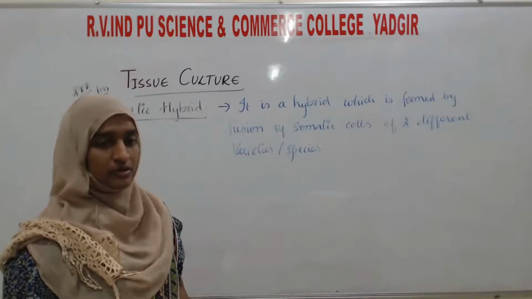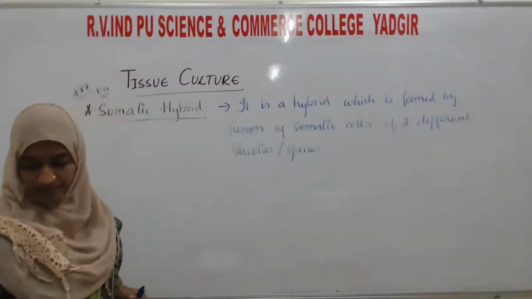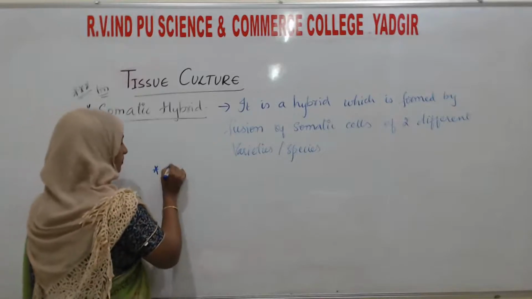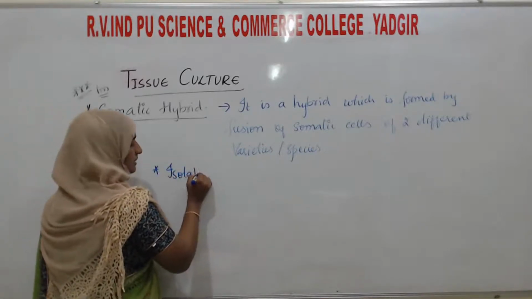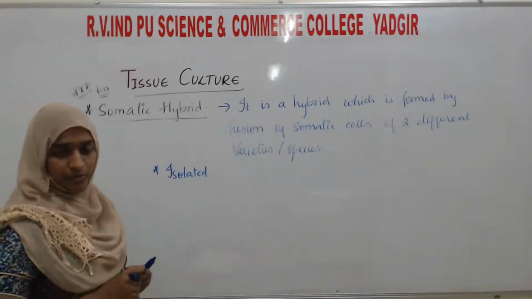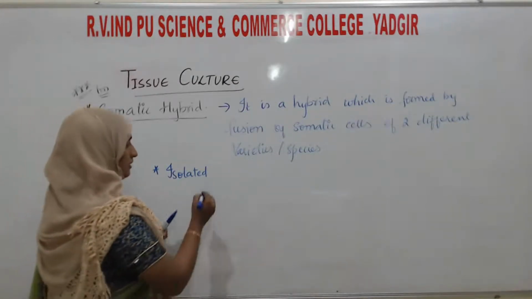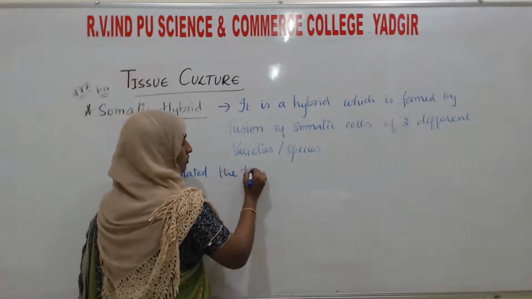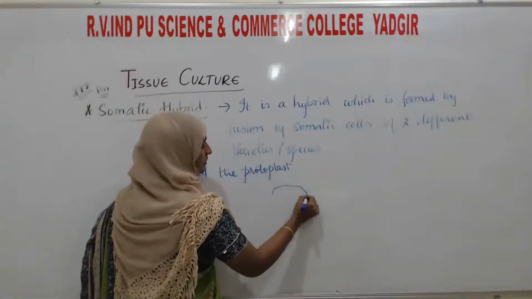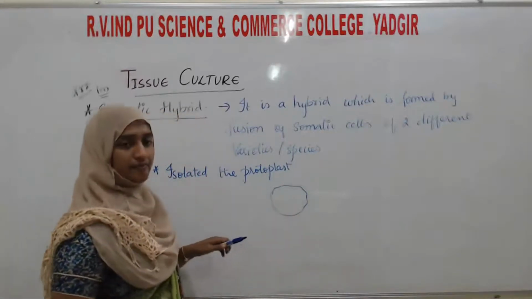How do they make it? First, they isolate the protoplast. They take the protoplast of two different cells. For example, this is the protoplast of one variety.